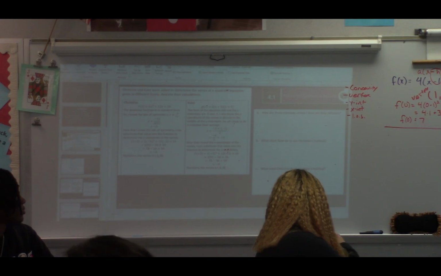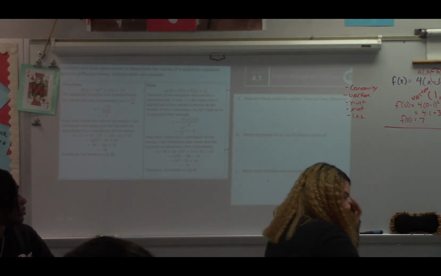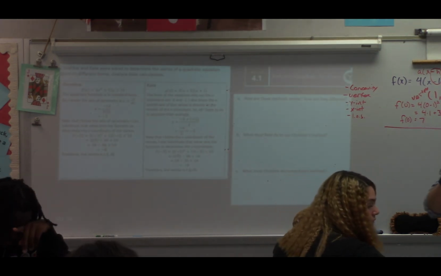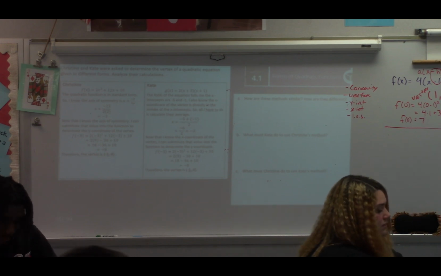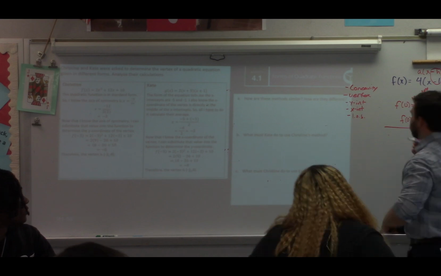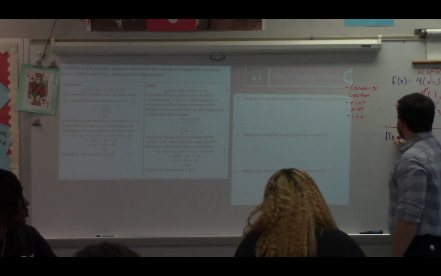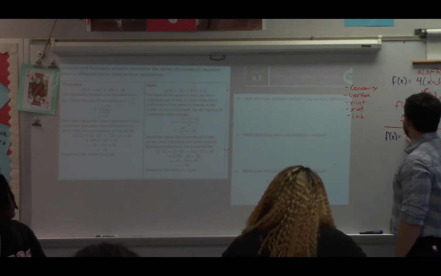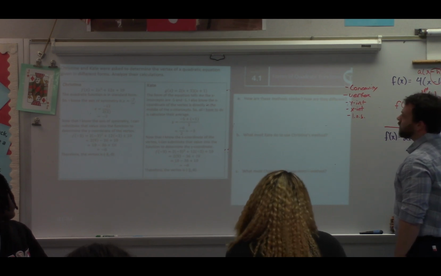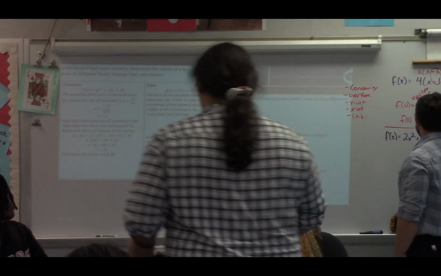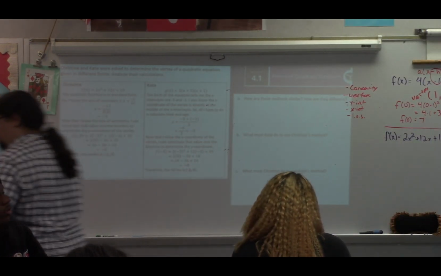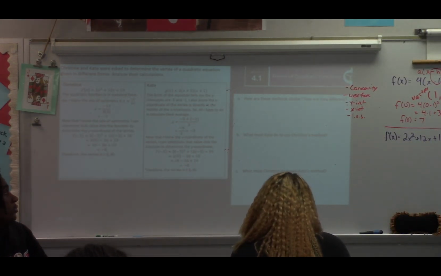So, really quickly, Mr. Hobby is printing this out so that you have a record of this, and it can help you. But, eyes and ears right here. Christine, she has 2x squared plus 12x plus 10. What form is that in? That's standard.